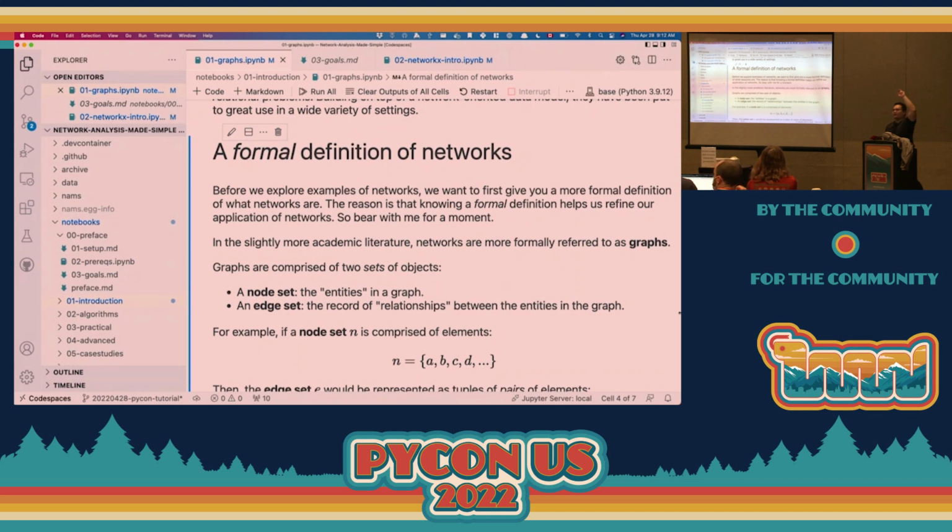And we have one more in the background. Social network websites, yes. Okay, so what would be nodes in there? Users are nodes. Right.